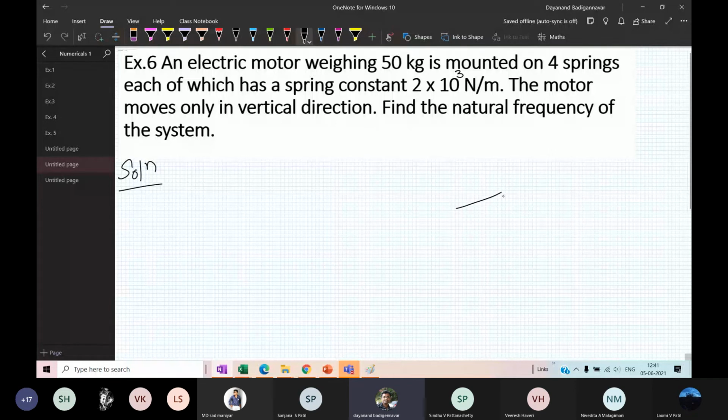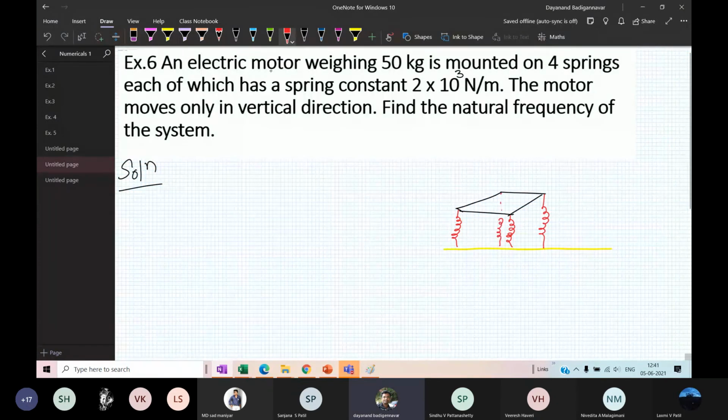Now I have a system like this. There are 4 springs which are connected like this.